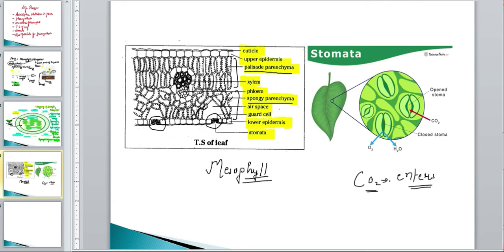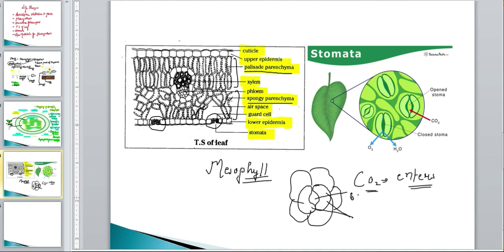So the stomata are the structures which are present on the lower surface of the leaf, and they are shown like this. These cells are called the guard cells. This is the structure of a stomata. These are guard cells, and it is the guard cells which maintain the opening and the closing of the pore here.